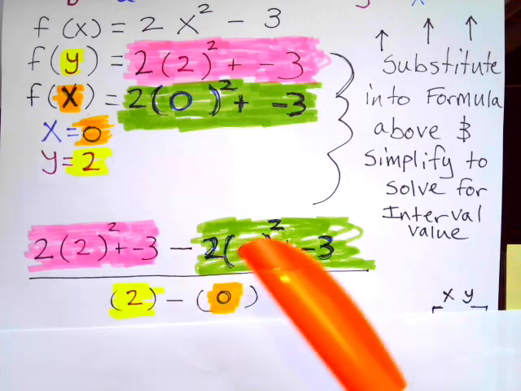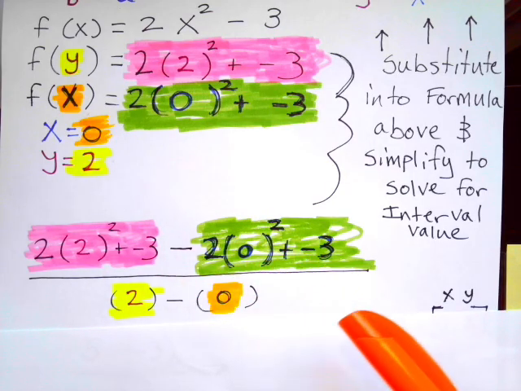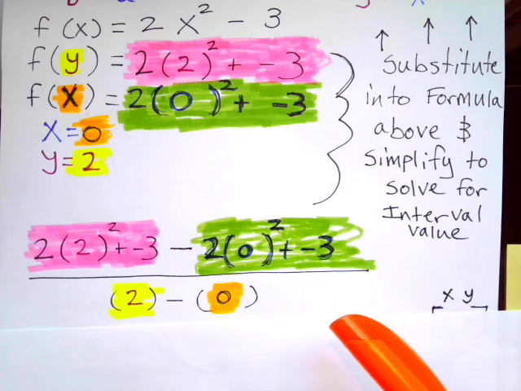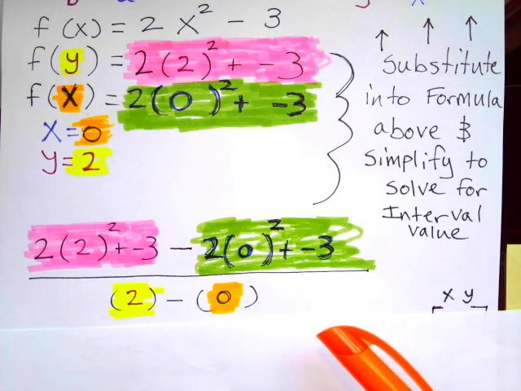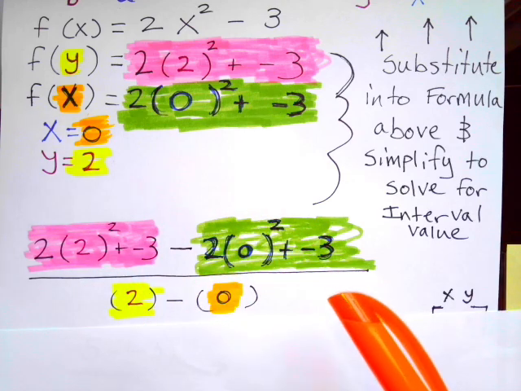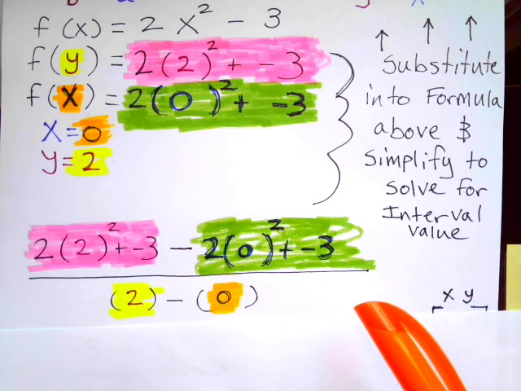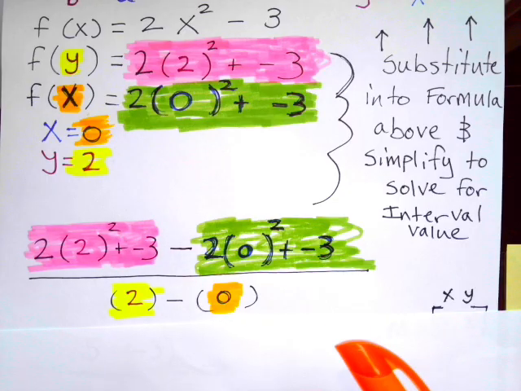All right, now I'm just going to simplify. And in the problem for A, my x and y values are 0 and 2. If the interval is 1, after I simplify, I'm going to come up with a 1 value. I'll come up with a 1 value if the answer is A.